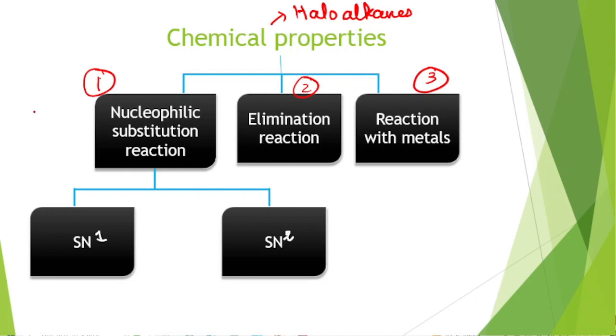Now the nucleophilic substitution reaction is divided into two. Your first one is SN1 reaction, your second one is SN2 reaction. You will write something like this: SN1 reaction, SN2 reaction. Clear? We will deal with it in detail in the future part of this chapter.